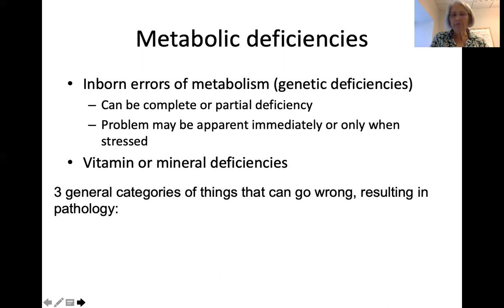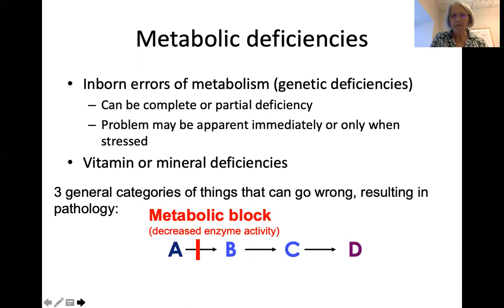And basically, there are three general categories of things that can go wrong if there is a metabolic deficiency that results in pathology. So if we look at a generic metabolic pathway here from A to D, and there's a metabolic block that just represents a decreased enzyme activity compared to normal, right? We can either have the substrate accumulating, and sometimes that's toxic.